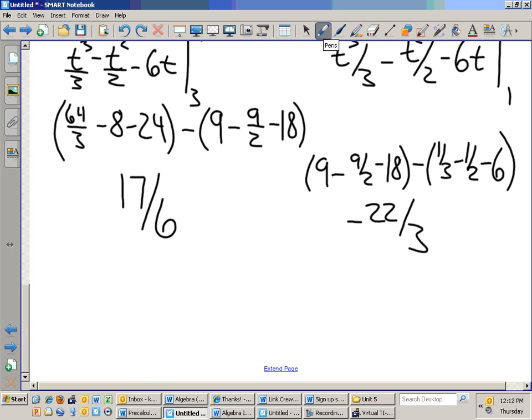So what we really have here then is the total displacement, or the total distance that the object traveled, would be the absolute value of each, right? Summed together.